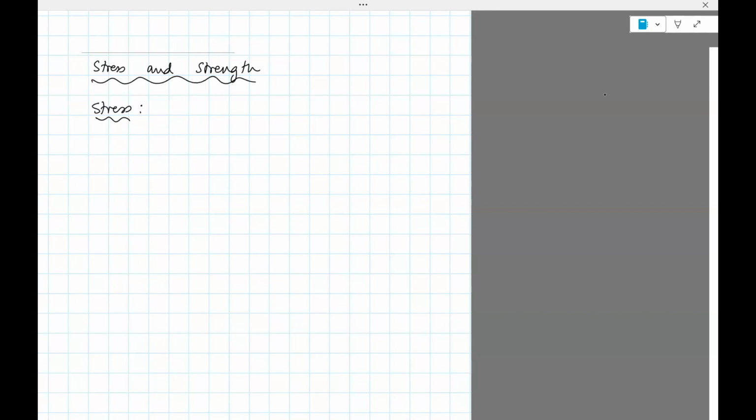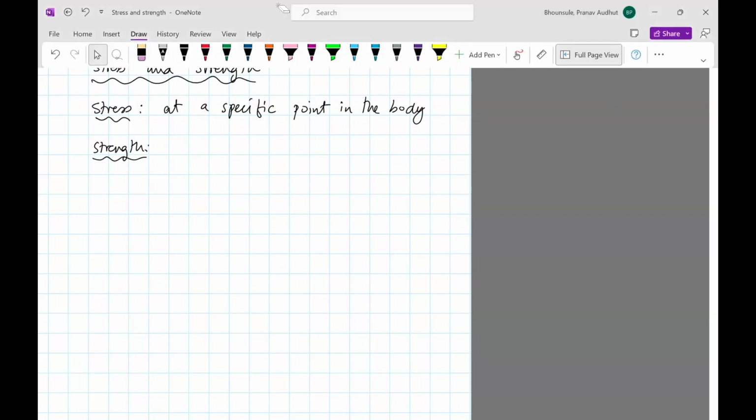So stress is at a specific point in the body, and strength is something which is as a whole of the body. By the way, this is also force per unit area, just correcting this.